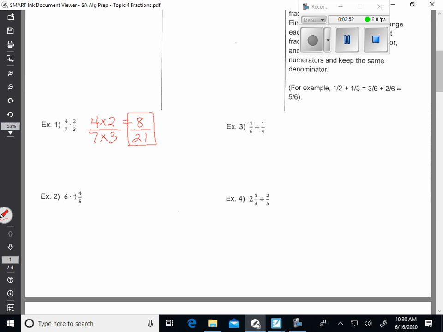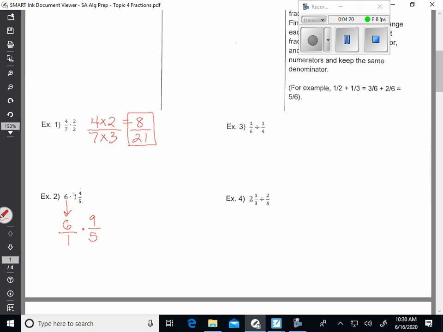For example 2. Now notice that there are 2 things happening here. 1, you have a whole number, and 2, you have a mixed number. So the whole number, remember you take the whole number, put it over 1. For the mixed number, 5 times 1, and then you add 4 to it. So that's going to give you 9 over 5.